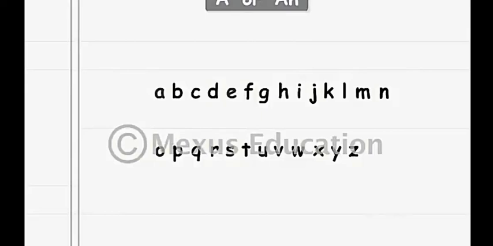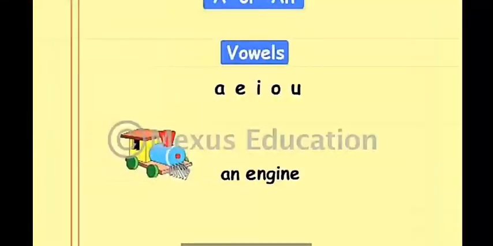Where and how, for this we will come to know here. I think you have heard about the vowels. How many vowels do we have? Mainly we have 5 vowels: A, E, I, O, U. These are the 5 vowels in English.